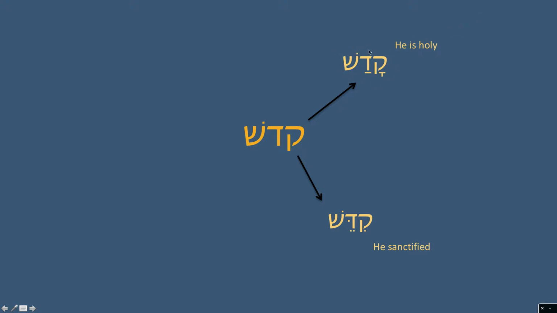For reasons that I won't get into right now, this is translated as he is holy. But when we make a few changes to the shoresh, meaning we have now put in a chirik under the kuf instead of the kamatz, we have put a dagesh, the dot, in the dalid, and a tzere in place of the patach.